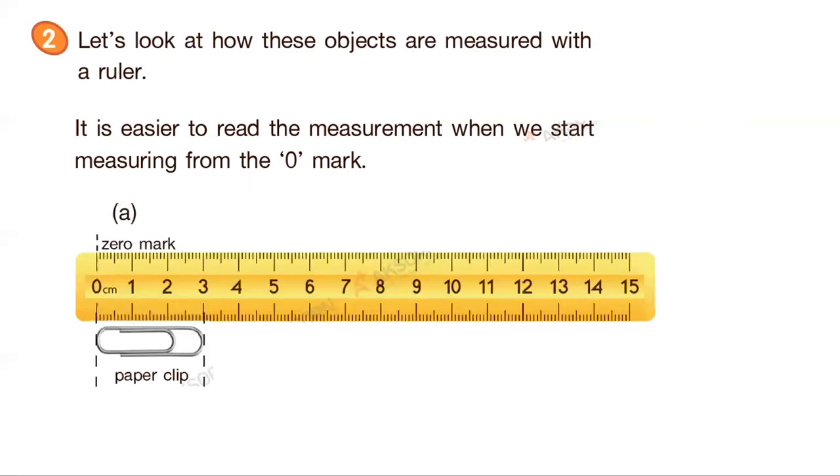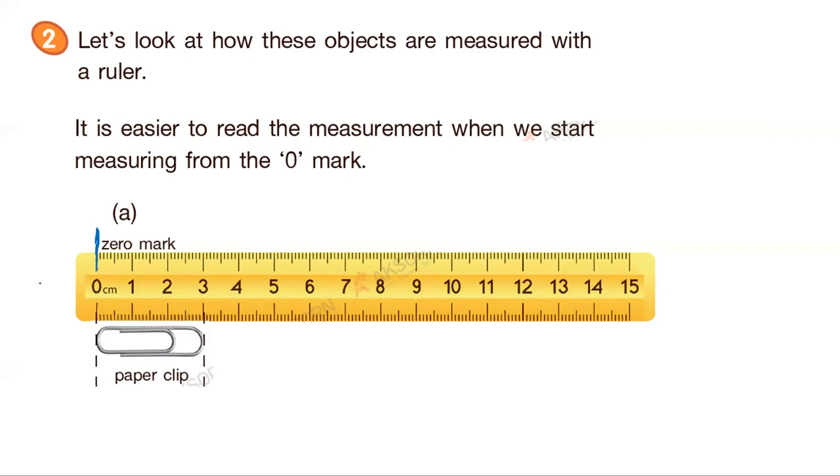Now, look at this. We are beginning from the 0 mark. When you begin from the 0 mark, it becomes easier to tell the length. So you can see that the paper clip is 3 centimeters long.